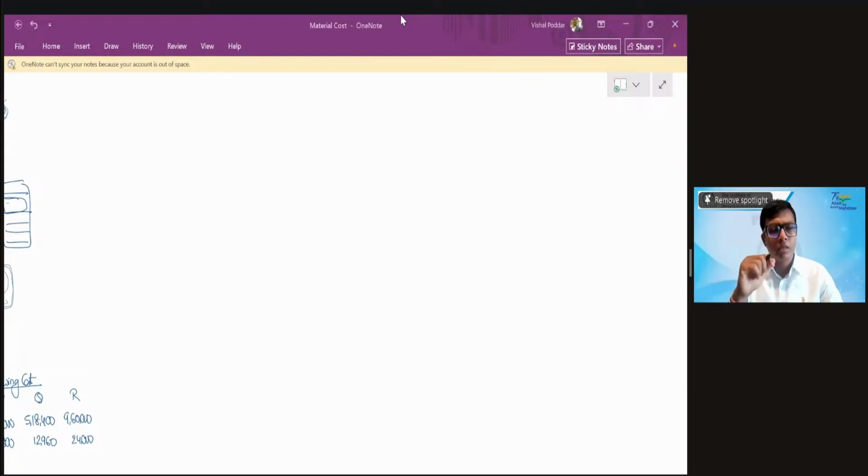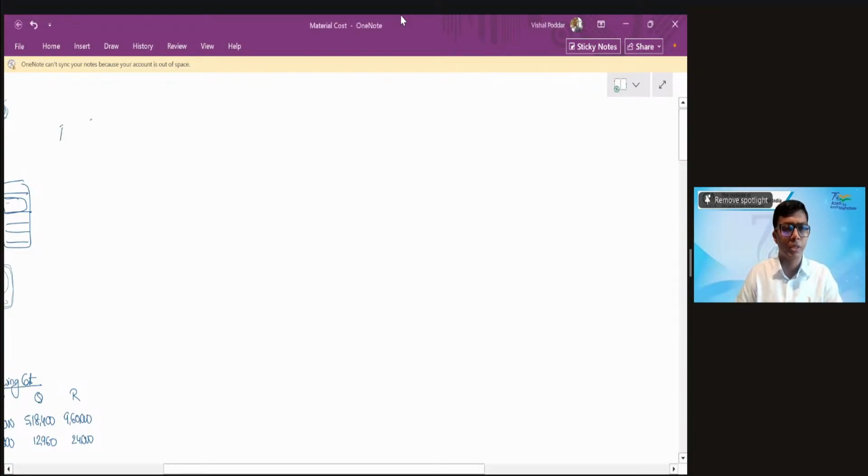Now a similar term is cost center. Firstly, what is the meaning of the word center? The word center represents anything, any person for which you can accumulate and calculate the cost. Now, this may sound a bit vague, but first let me give you this generic term that it is a place.